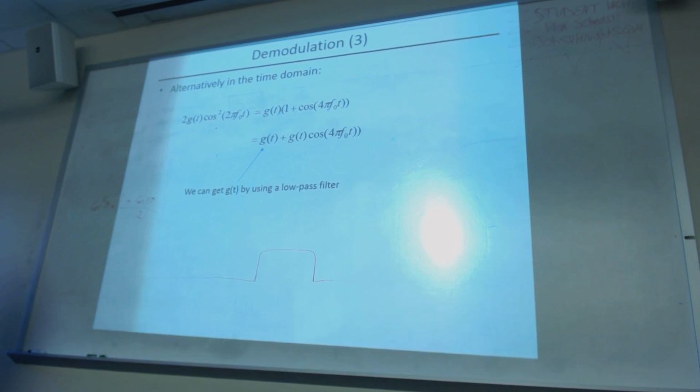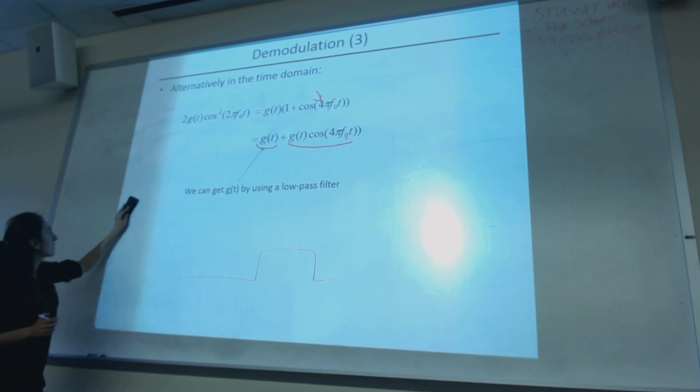If you do that, what you get is g(t) times 1 plus cosine of twice the angle, so instead of 2 pi, you get 4 pi.